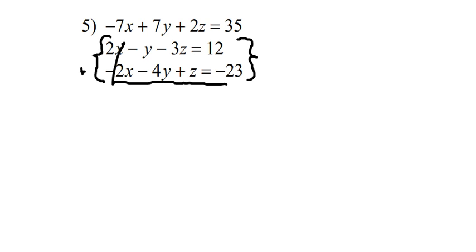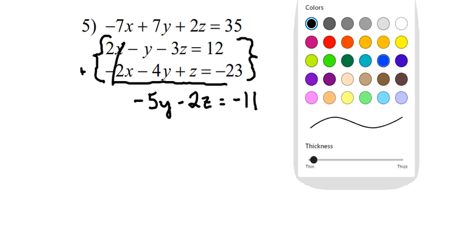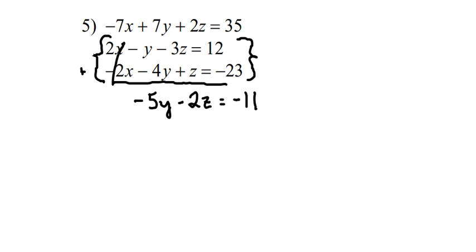Negative y plus negative 4y, negative 5y, negative 3z plus z, negative 2z, 12 plus negative 23, negative 11. Okay, so what have we done? We've eliminated the x variable. How does it help us? At the moment, it doesn't, because we have two variables still and only one equation.